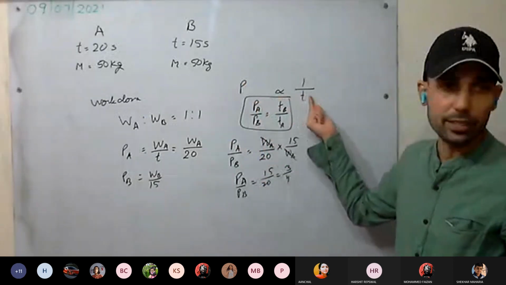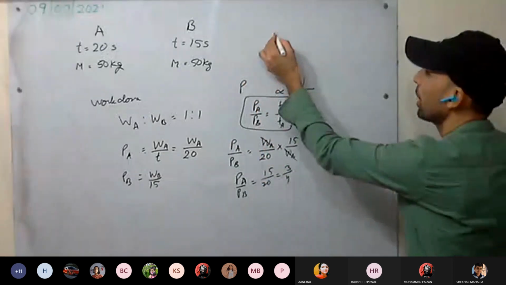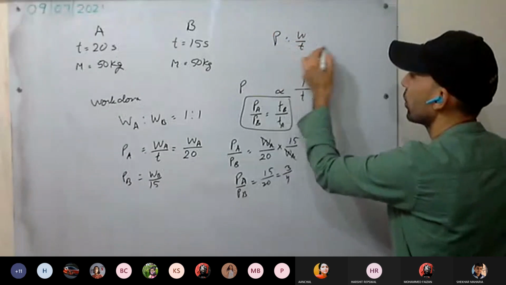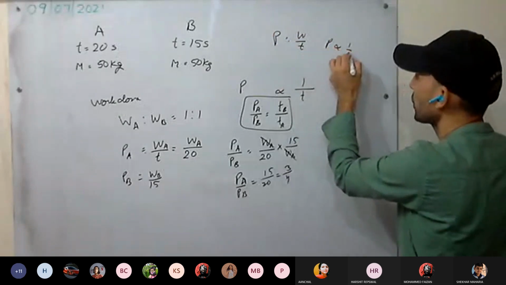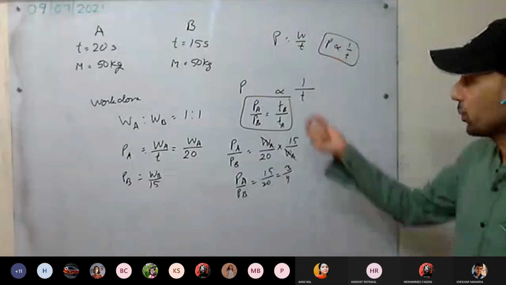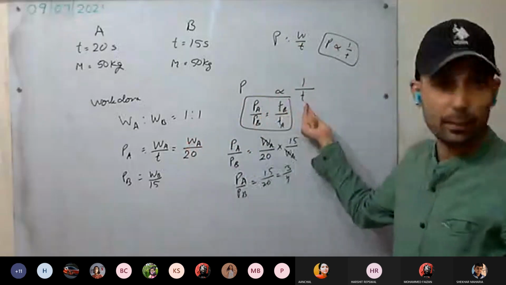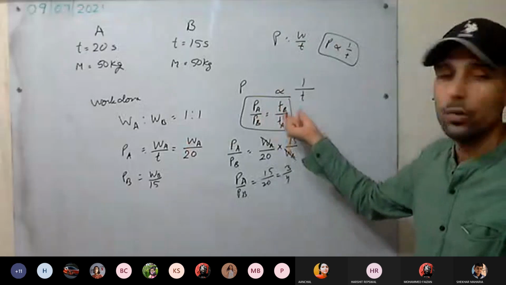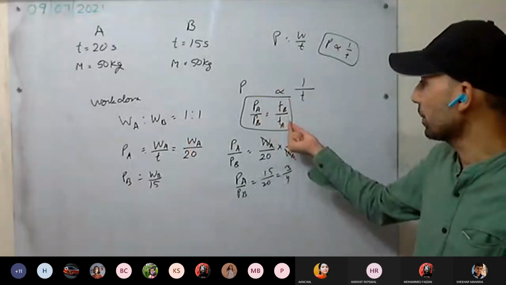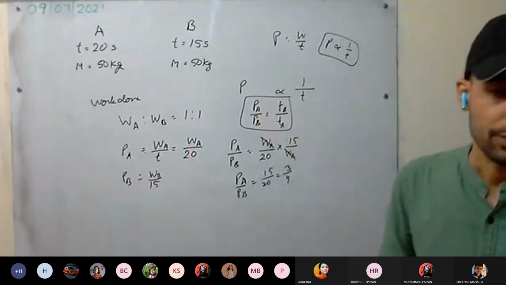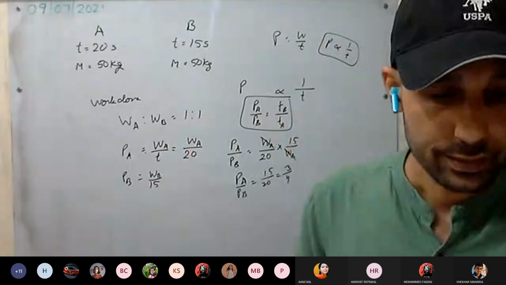Power equal to work done upon time, so power is inversely proportional to time. Since the work is the same, only the time is different, so we can compare the time. Whatever the ratio of the time comes inversely, that will be the power spent ratio. Understood this one?